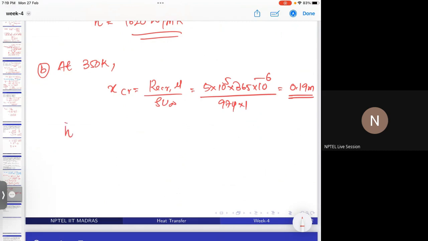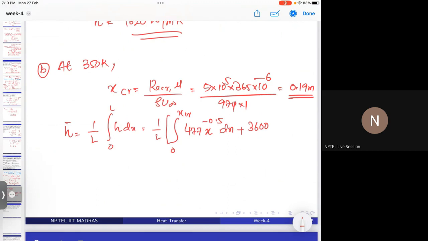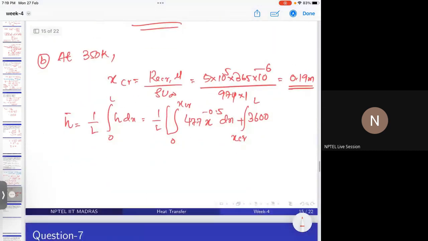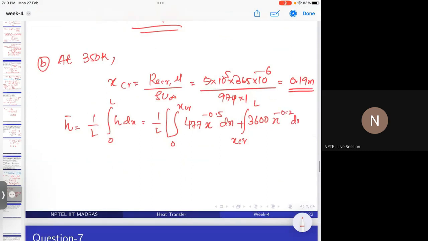Next, just the same thing: 1 by L integral 0 to L h dx. So 1 by L, integral 0 to x critical, h laminar is 477 x raised to minus 0.5 dx, plus integral x critical to L of 3600 x raised to minus 0.2 dx.